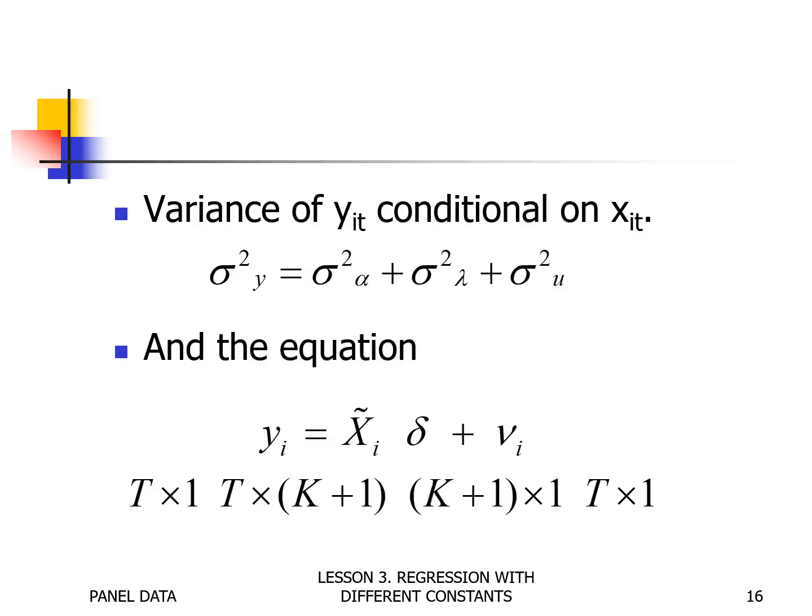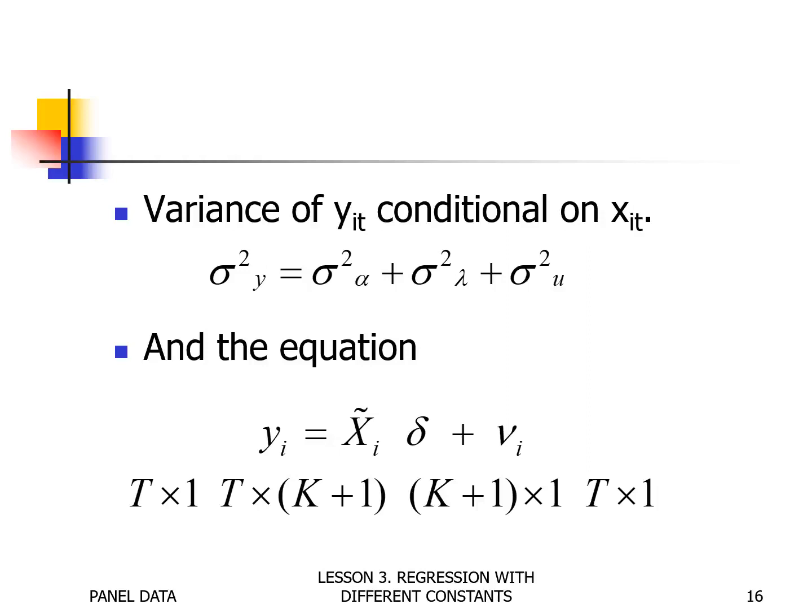The variance of yt conditional on xt, given all those assumptions that we have seen, is the sum of the variances. Sigma squared sub I equals sigma squared sub alpha plus sigma squared sub lambda plus sigma squared sub u.